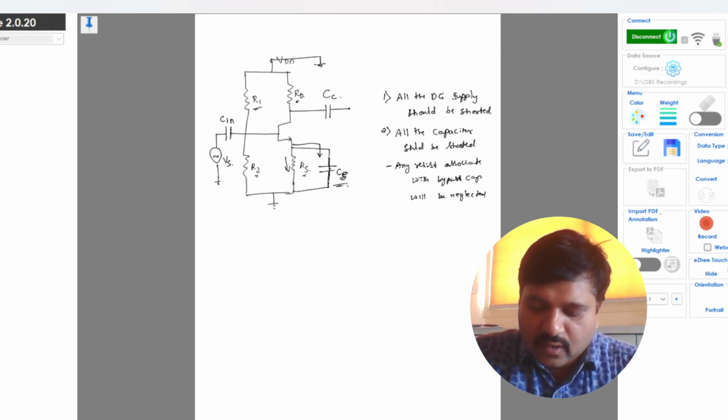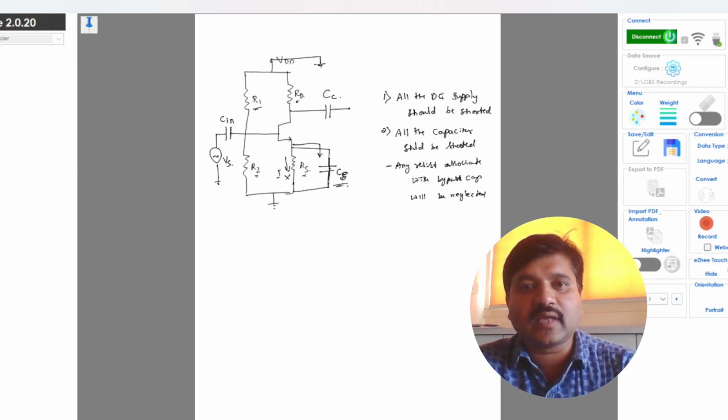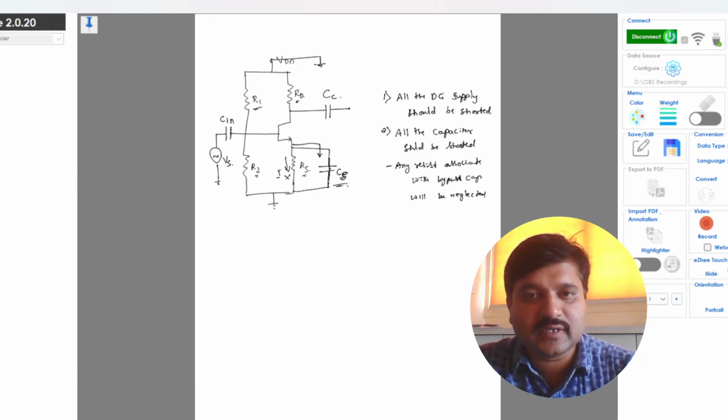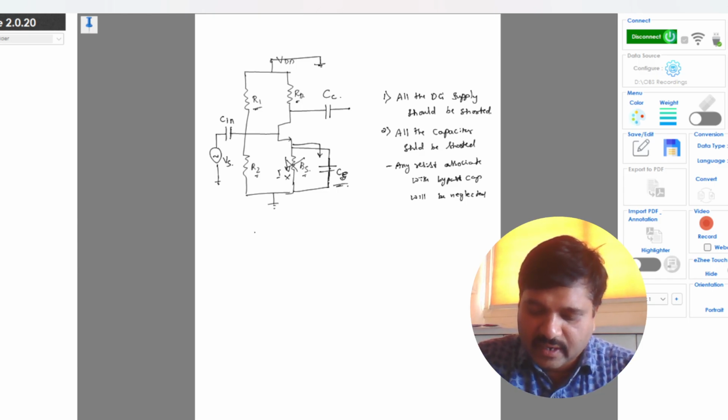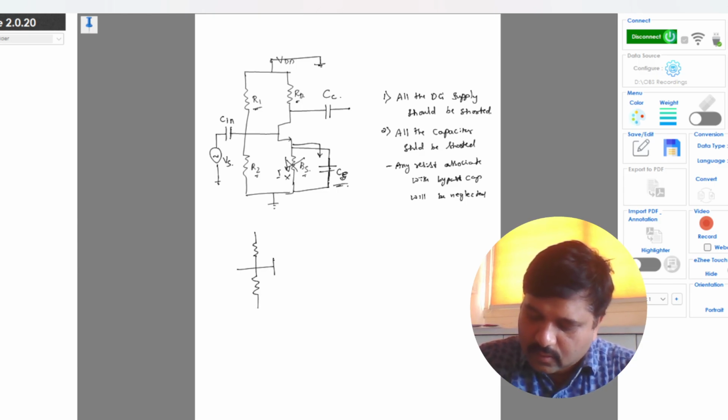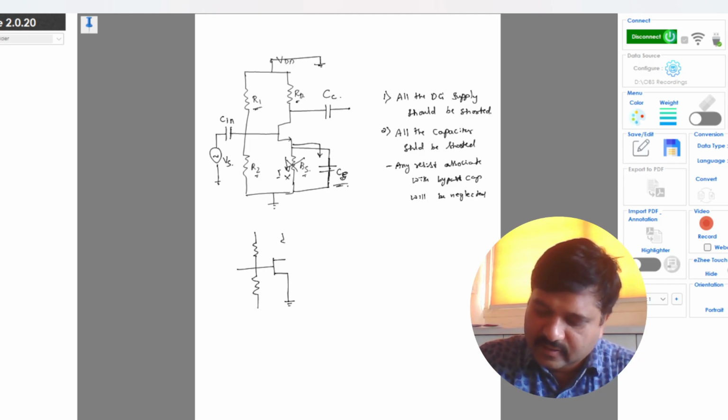The current will not flow through the resistance RS, it will follow the low resistance path. Hence we are going to neglect the resistance RS associated with the bypass capacitance. So now the modified circuit will be R1, R2, RS is neglected, and this is RD.